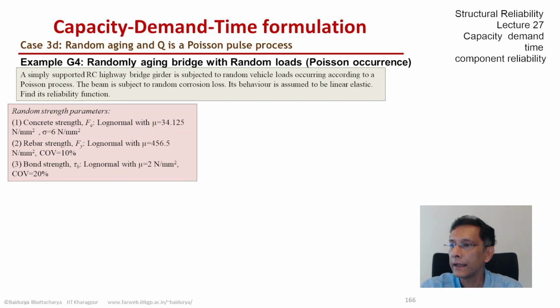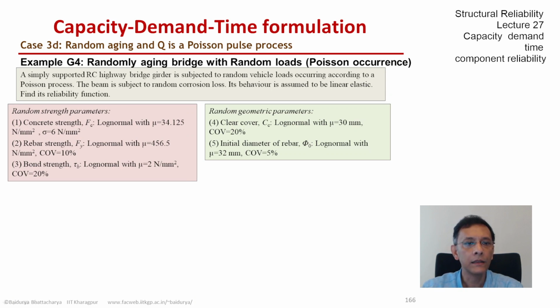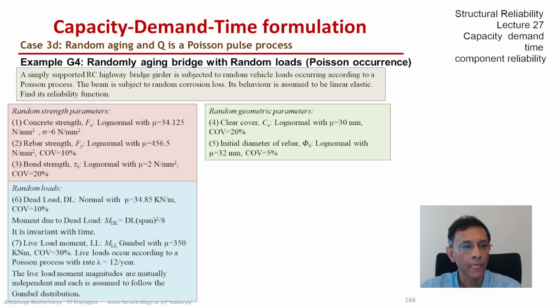In the strength group, we have the concrete strength, the steel strength, and the bond strength. In the geometry parameters, we have the clear cover and the initial diameter of the rebars as random variables.